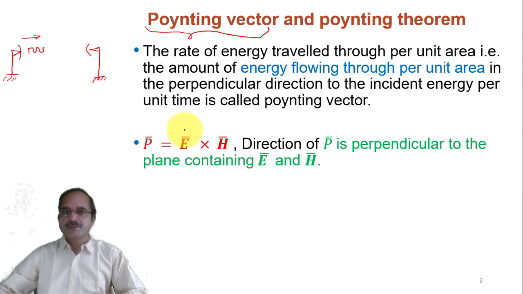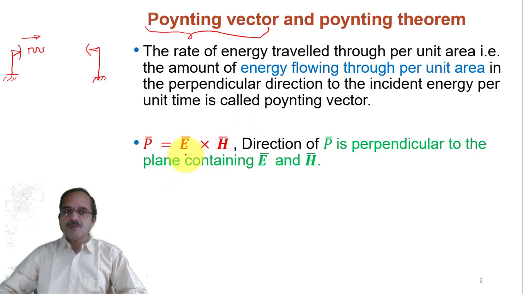Now mathematically, the Poynting vector is represented as the cross product between the electric field vector and the magnetic field vector. So it is P equal to E cross H, where E is the electric field intensity and H is the magnetic field intensity.